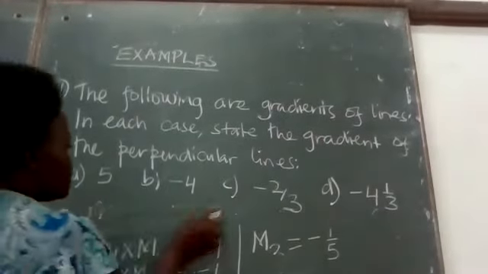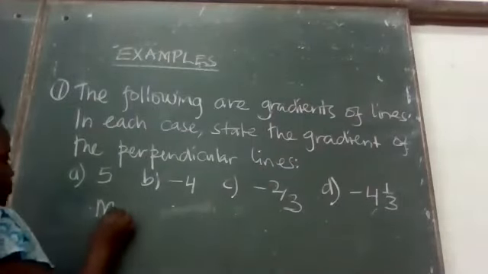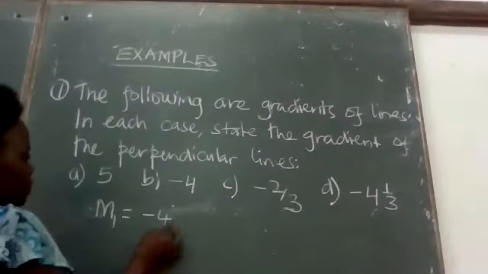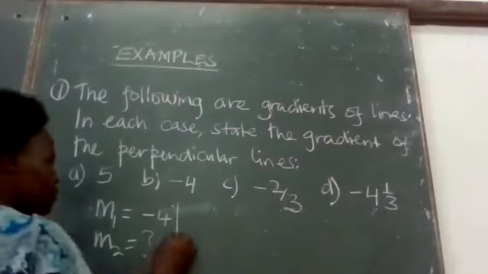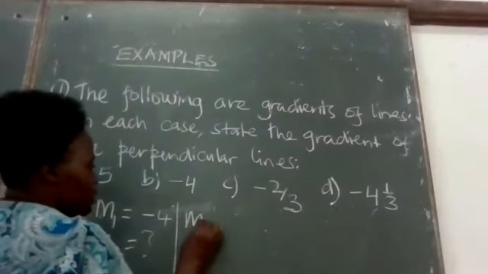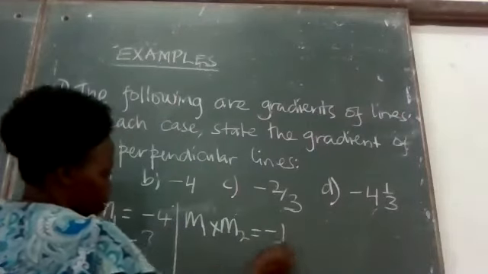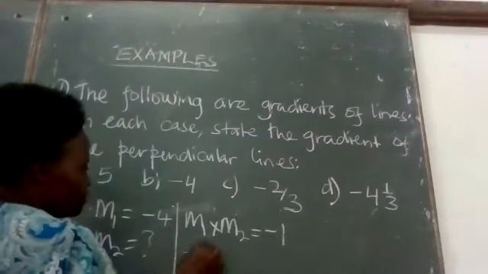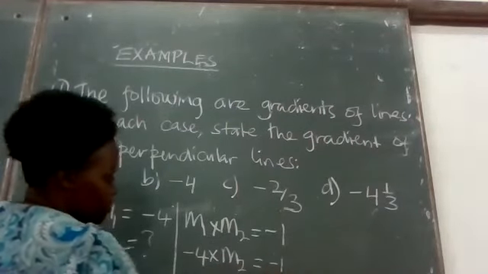So for part B, M1 is -4. We are interested in M2, but we know that M1 times M2 gives -1. So if I have -4 times M2, I'll get -1.